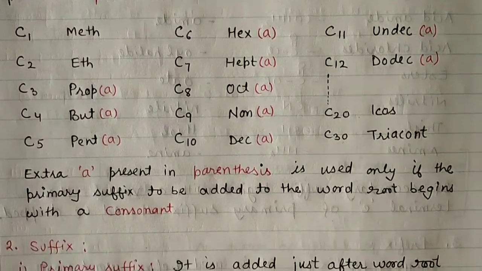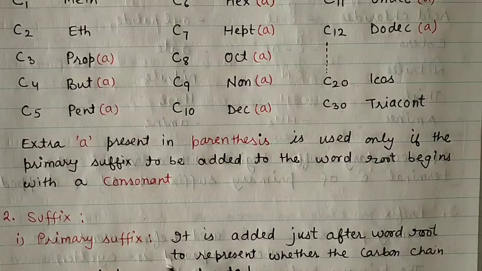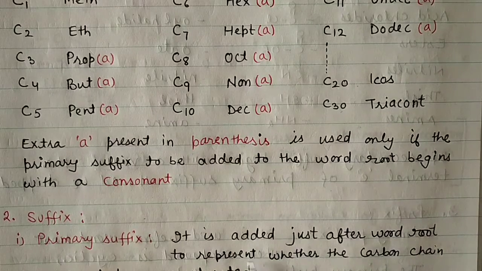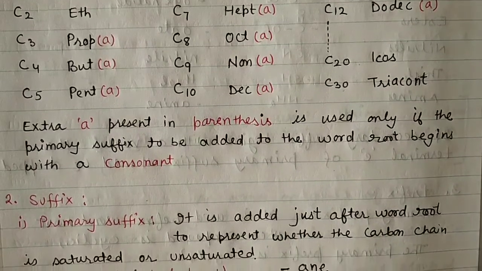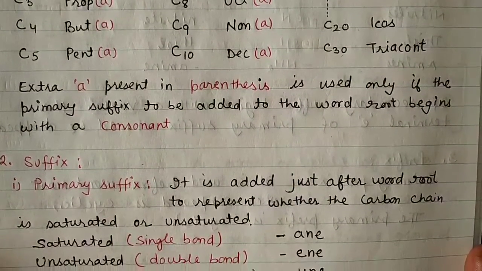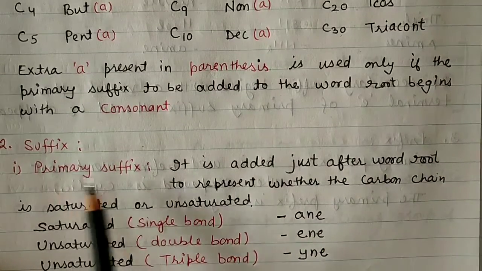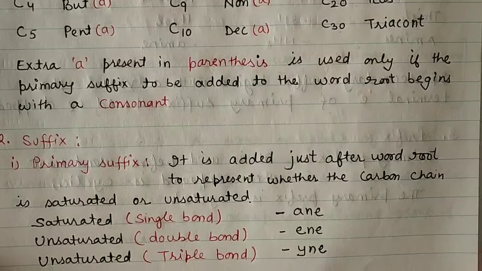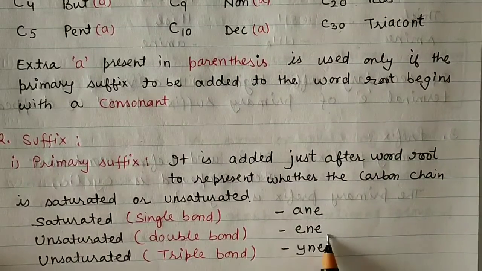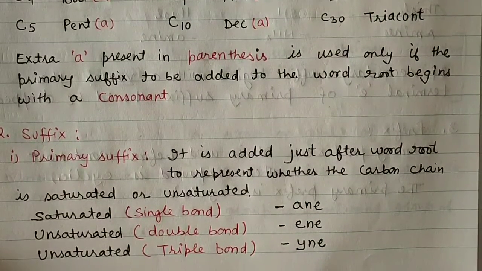Second one is the suffix. The primary suffix is added just after the word root to represent whether the carbon chain is saturated or unsaturated. For saturated, that is for a single bond, we will use ANE as the primary suffix. For unsaturation, that is for a double bond, we will use ENE, and for a triple bond, we will use YNE.